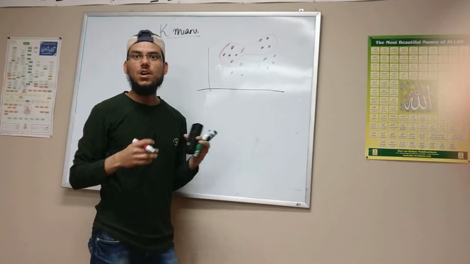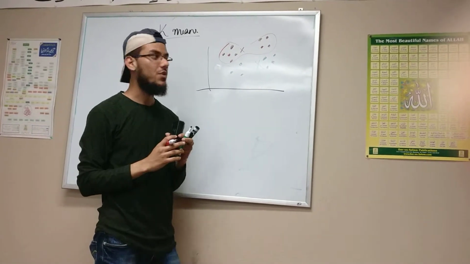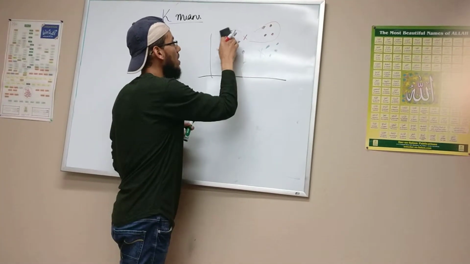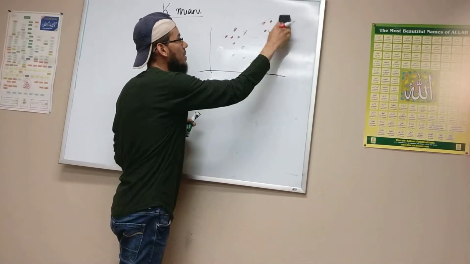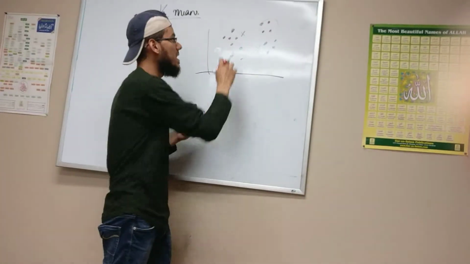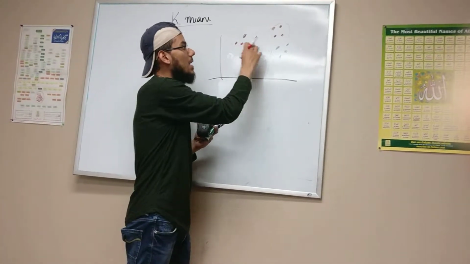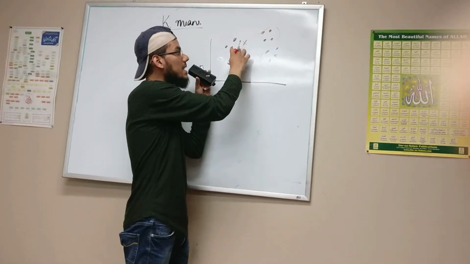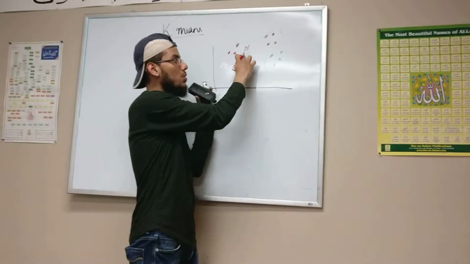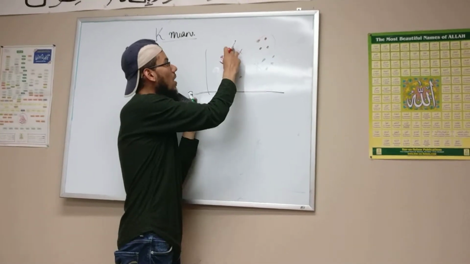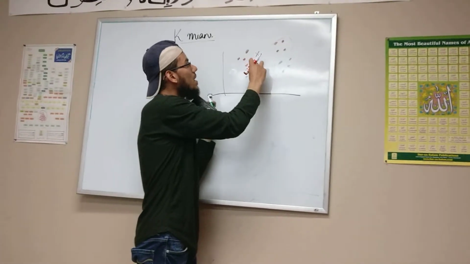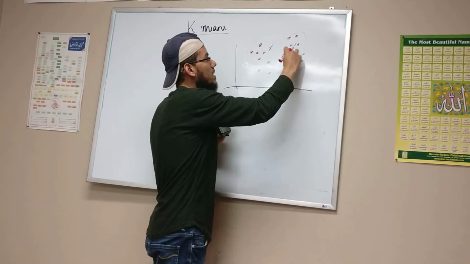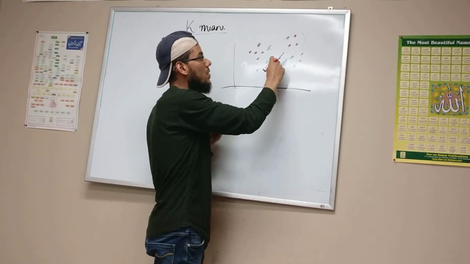So after we have completed these steps for the first time, in the next iteration, what we are gonna do is we're gonna perform these two steps again. So we take each data point and calculate the distance from the two centroids and assign each data point to the centroid which is closer. So as you can see, all the data points in here are gonna be closer to this centroid than this, and all the data points in here are gonna be closer to this centroid.